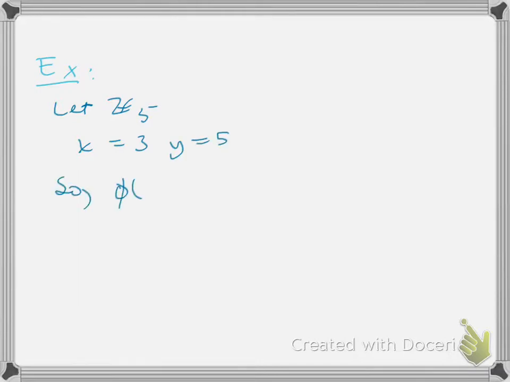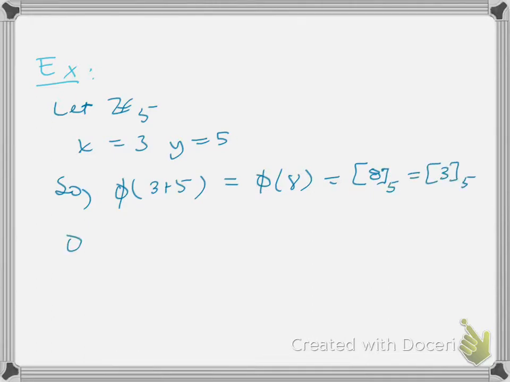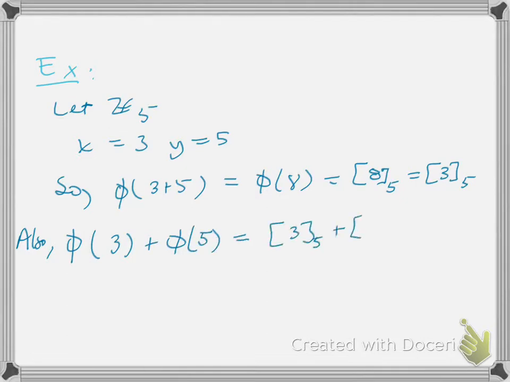So phi of 3 plus 5, which equals phi of 8, is 8 under mod 5. That's the same as 3 under mod 5. And also phi of 3 plus phi of 5: that's 3 mod 5 plus 5 mod 5, and this will go to 0. So that gives us 3 under mod 5.